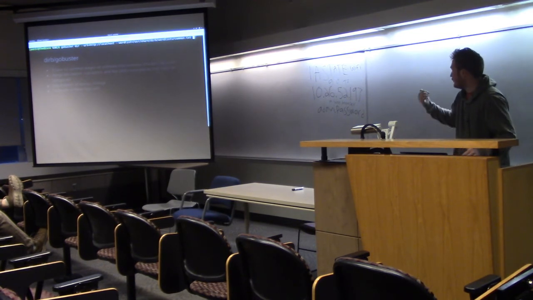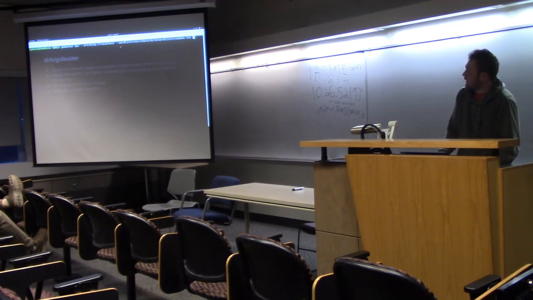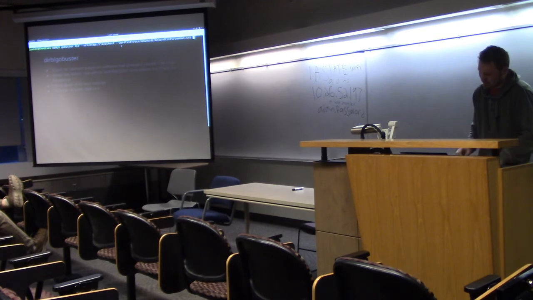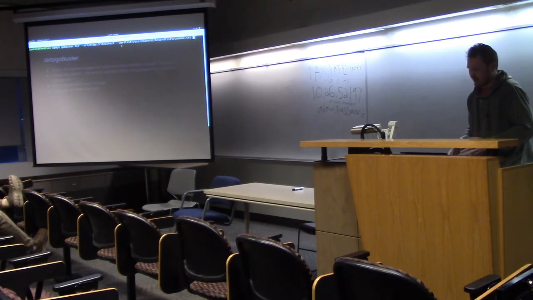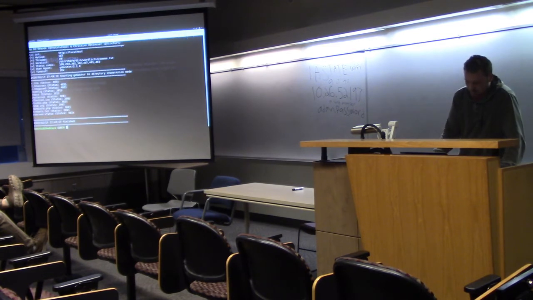In this case, it's running on my laptop, so I said localhost. From there you define the wordlist you're going to use, and in this case we're using the default one that has about 2,000 entries. We run it, and it immediately finishes because GoBuster is fast.